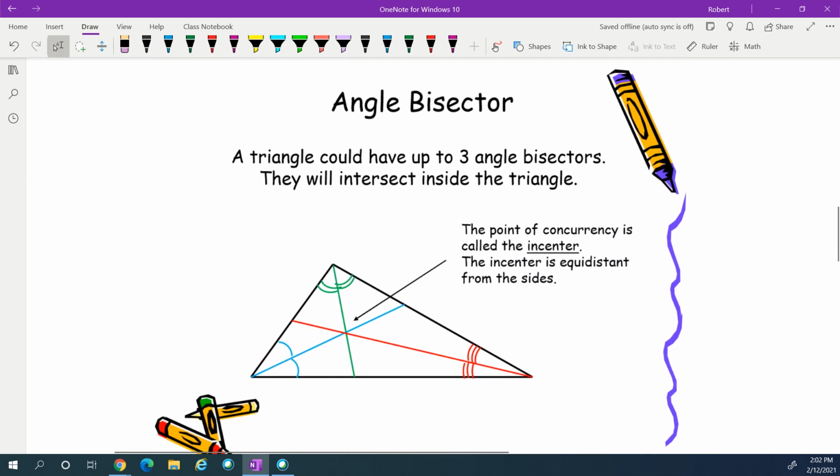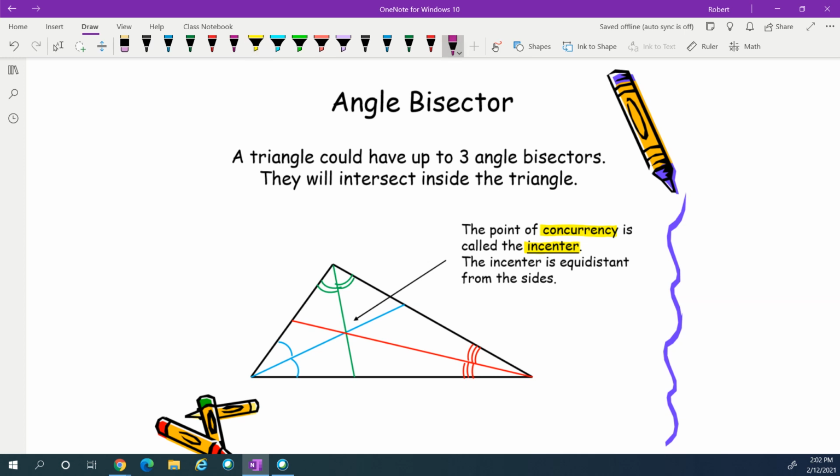Since there are three angles, we could have three angle bisectors. The point of concurrency, again, where they all intersect, where they all meet, is called the incenter because it is the center of the circle drawn inside the triangle. So the incenter is equidistant to the sides.